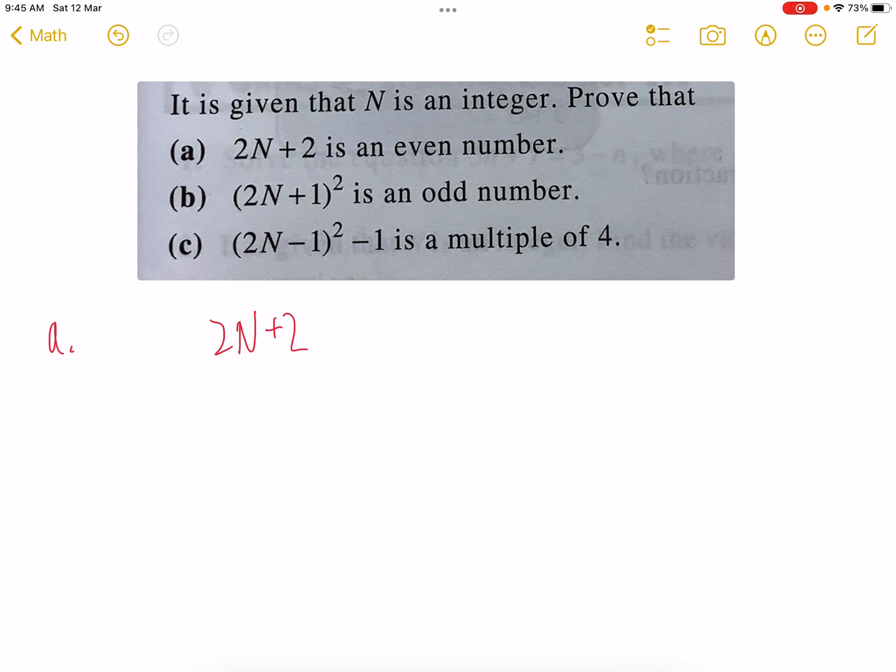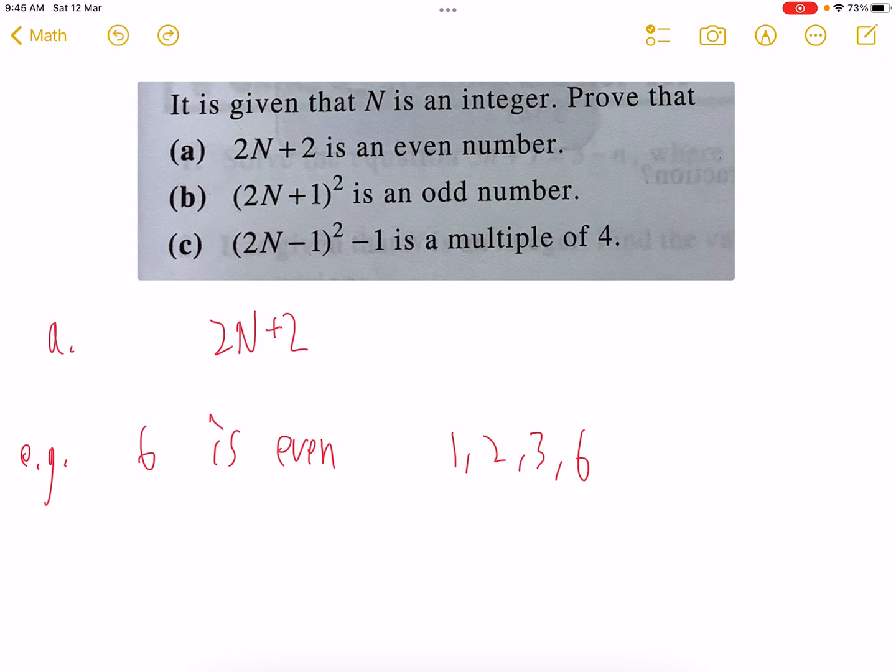So it also means that it has a factor of 2. For example, 6 is even, and its factors are 1, 2, 3, and 6. So you see there is a factor of 2 inside, and that's why it can be divided by 2.